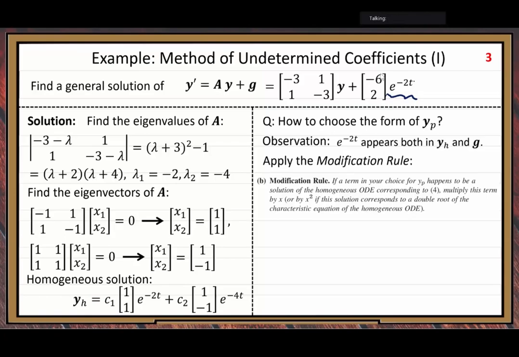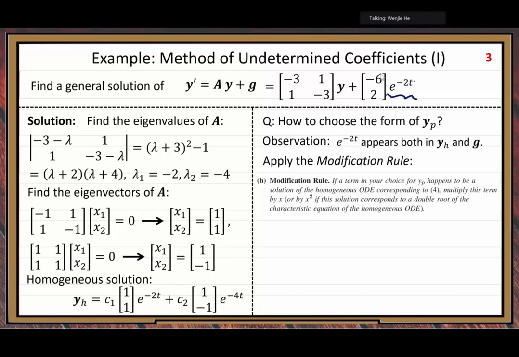This eigenvalue is a simple root of the characteristic equation. Simple root means we multiply this term by x for a simple root, x squared for a double root. Here it's a simple root.